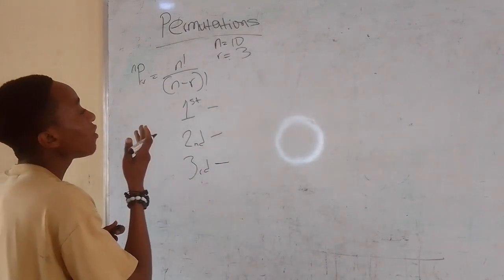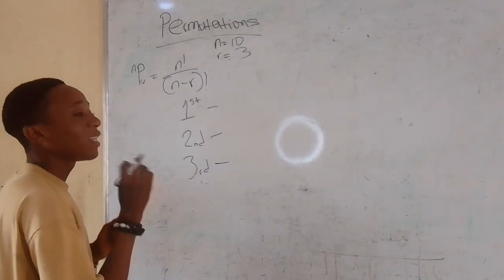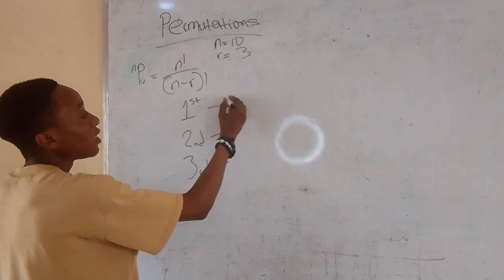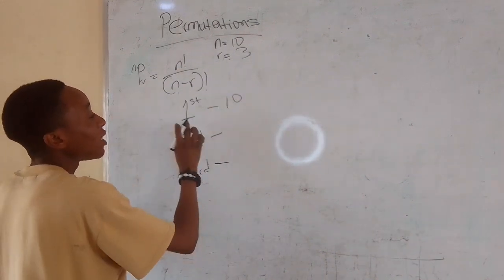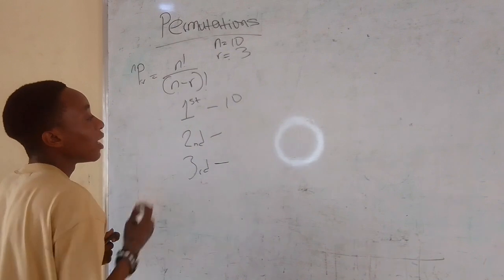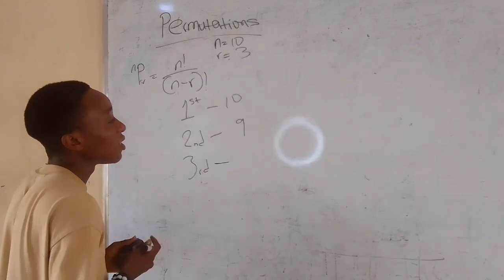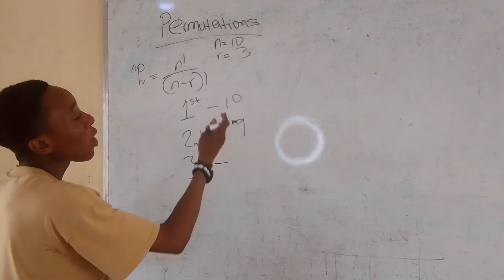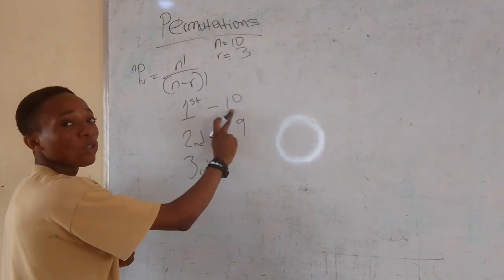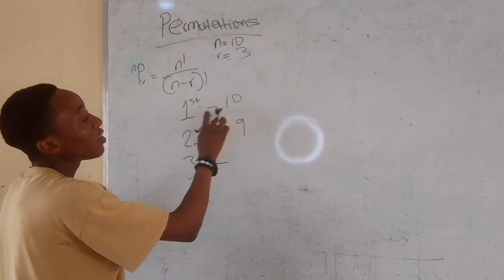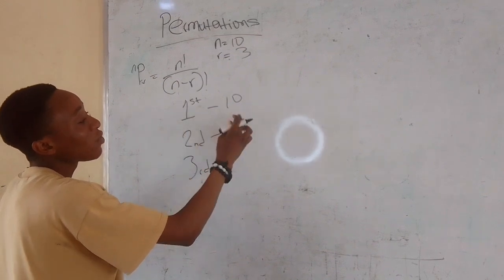So for the first position, there are 10 students that can go for this first position. Now for the second position, there are just 9 students, because one student has already taken the first position. So the second position is left with 9 students.